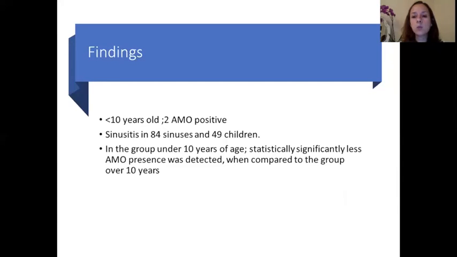Under 10 years old, we saw only 2 accessory maxillary ostiums. There was sinusitis in 84 sinuses in 49 children. In the group under 10 years of age, statistically significantly less accessory ostium presence was detected.